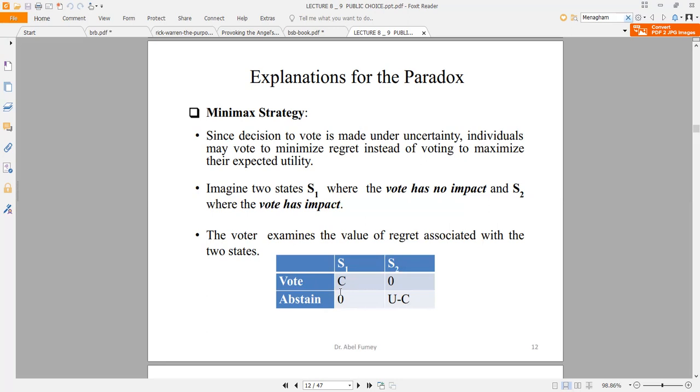Don't vote at all, because if you vote, you will regret it. But if you take state 2, your vote is very decisive. Okay, your vote is very decisive. So there's going to be no regret with voting, because you know that your vote is actually decisive.